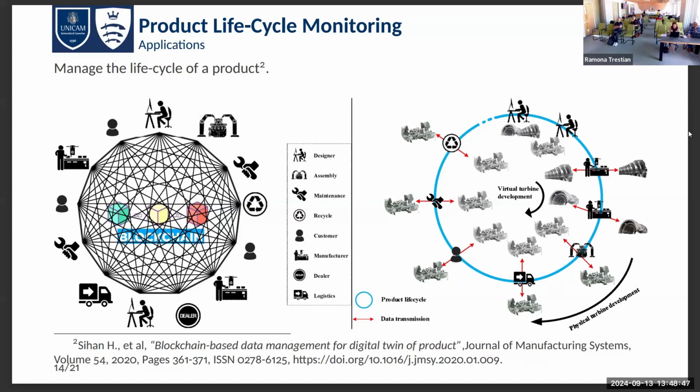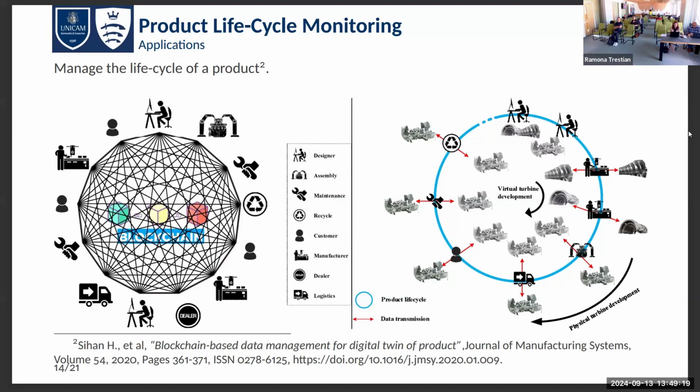In this case, for example, the authors focused on the construction of a turbine, and they identified the phases from the design up to the recycle of the object. The idea is to record on the blockchain every phase, starting from the design, in which the designer tries to understand every component and how the components must be tied to each other.